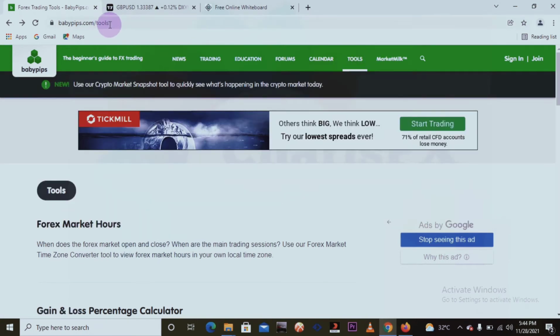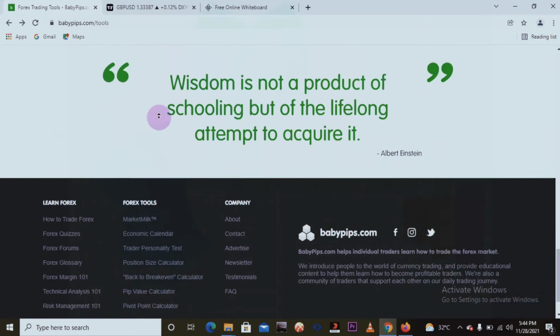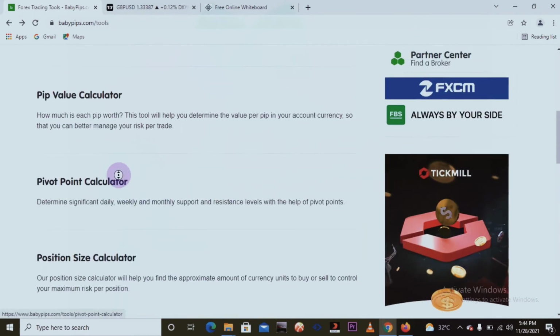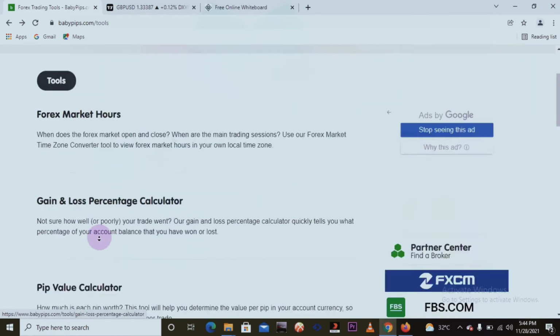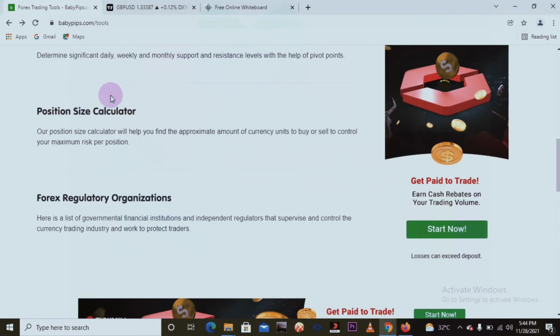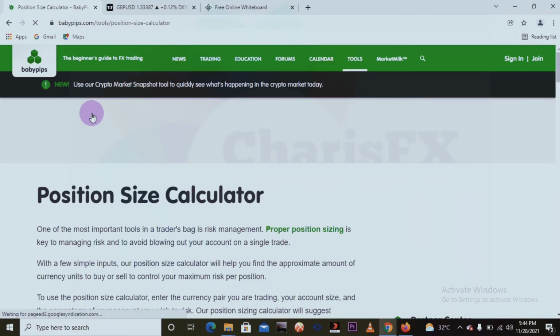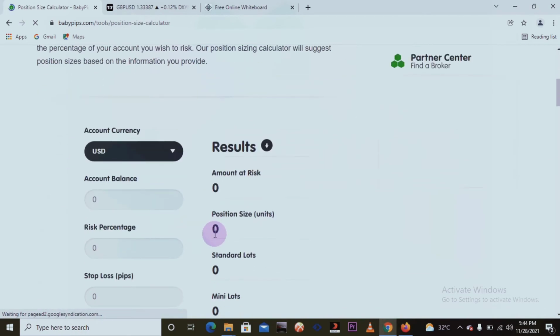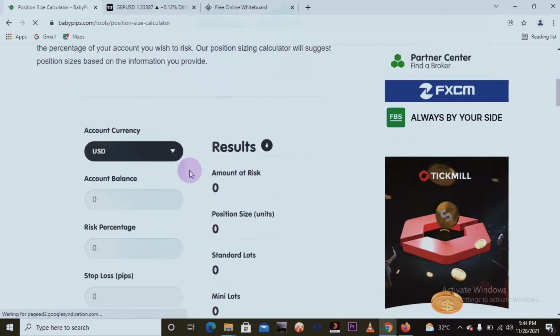When you search babypips.com and click on tools, it's going to bring you to where you will see something called the position size calculator, because your position affects your risk. Your risk is actually in terms of the position you take on a trade. So guys, when you click on this position size calculator, it's going to take you to where you determine the risk you are supposed to take on an account.